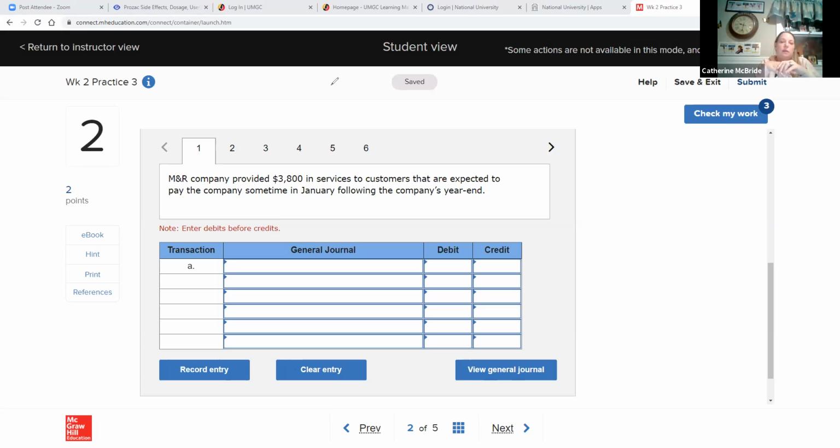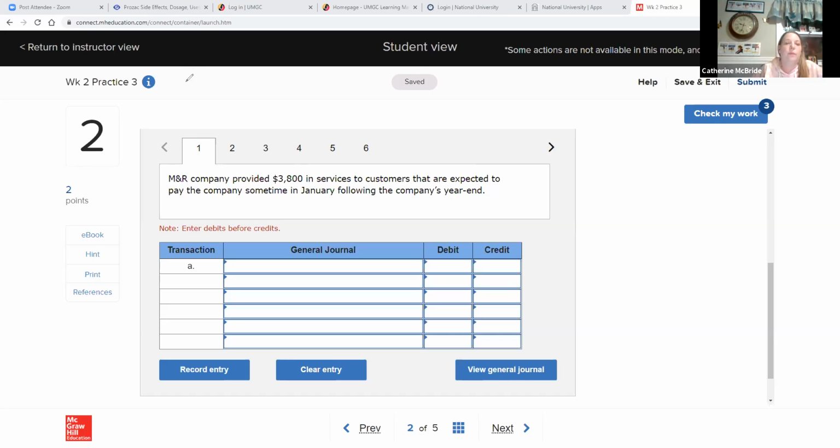During December, we earned the revenue, but we're sending the invoices out in January. Normally, that wouldn't necessarily be a problem, except we have to make sure that this revenue is recorded in the correct period. So since we haven't issued the invoice yet, we still have to make sure that the revenue gets recorded.